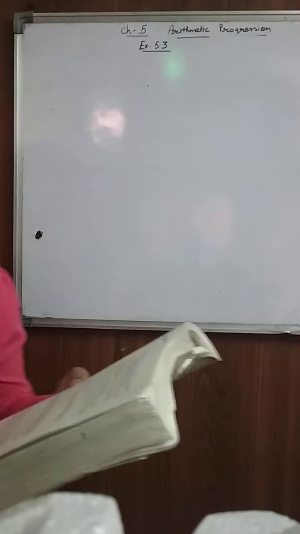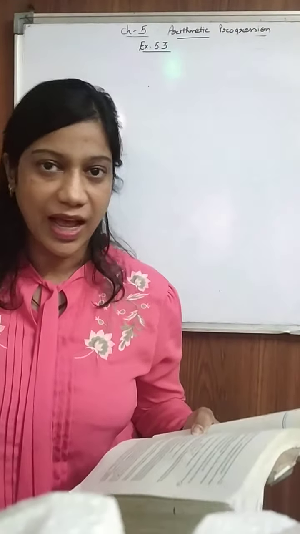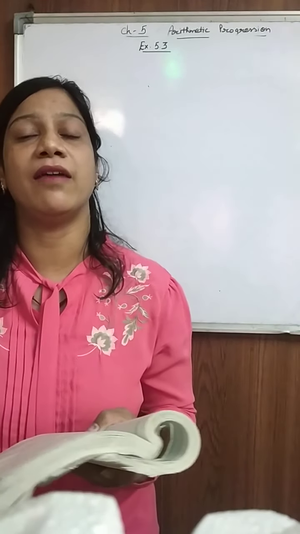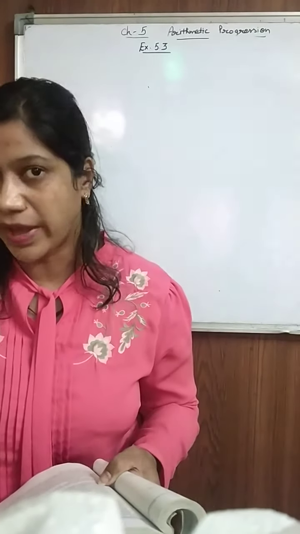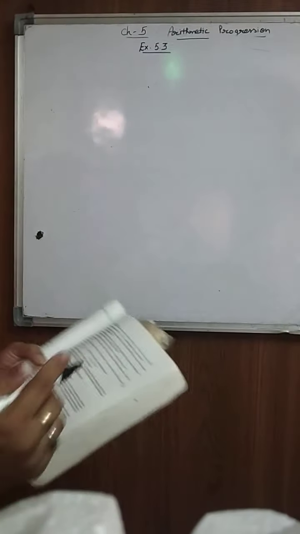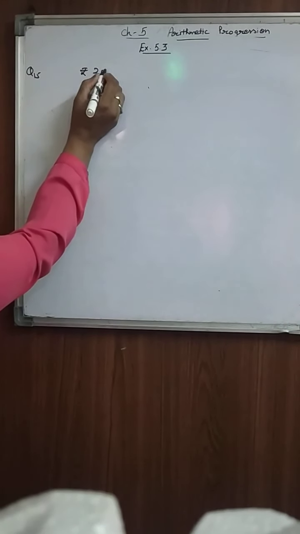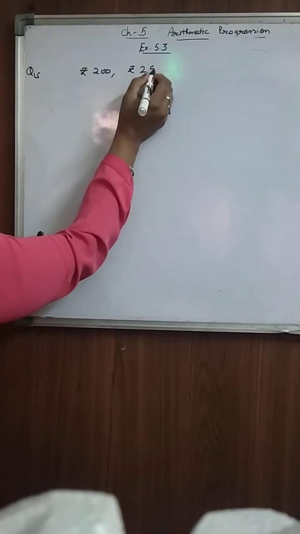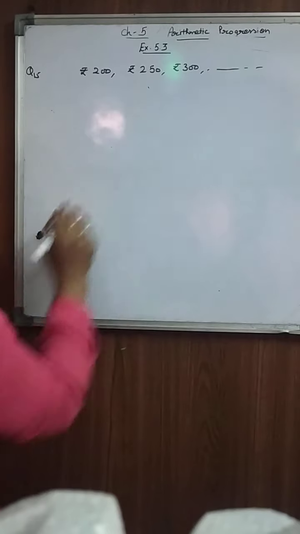So they are saying if the work is not completed on time, after the days given to you, then they have to pay a penalty. So the penalty will be in this way: rupees 200 for the first day, then rupees 250 for the second day, rupees 300 for the third day and so on.